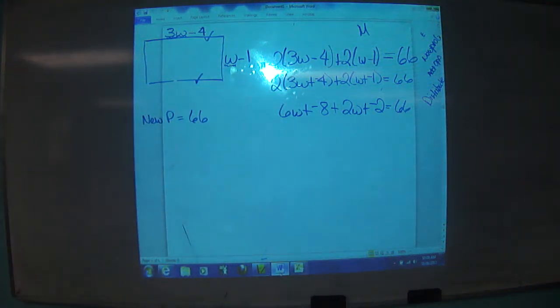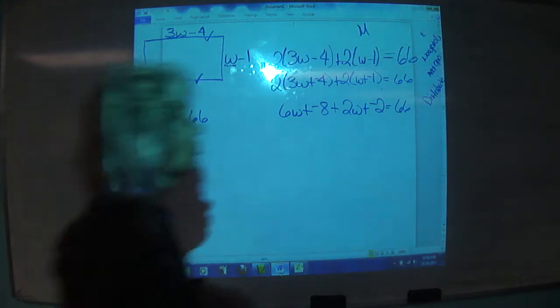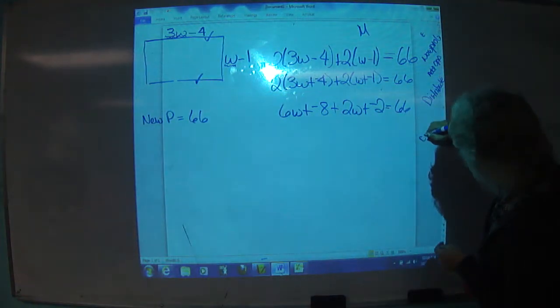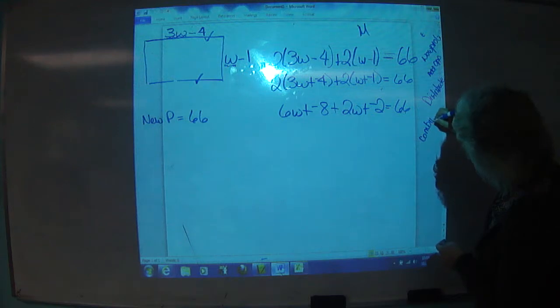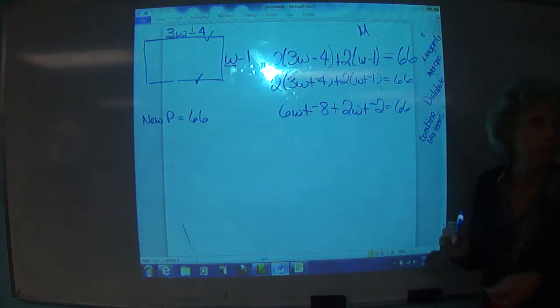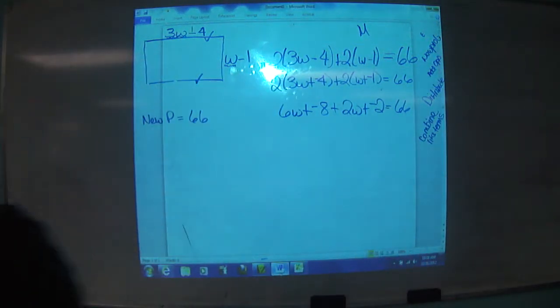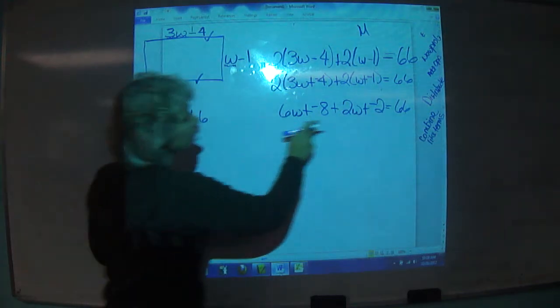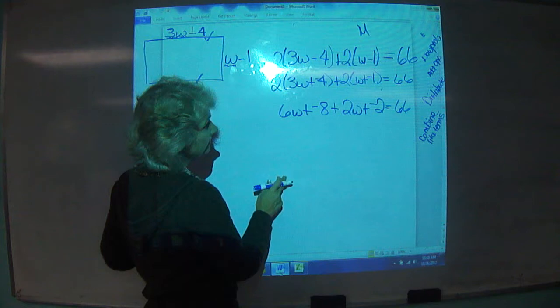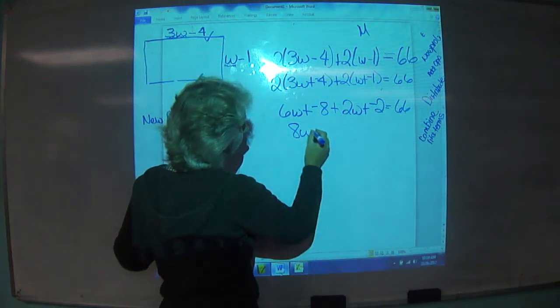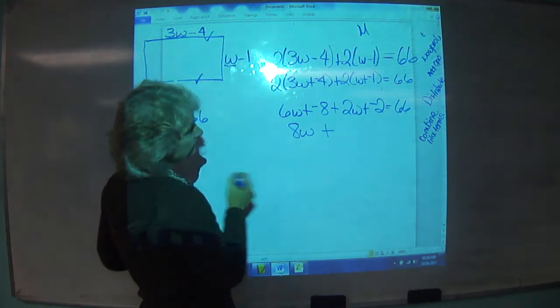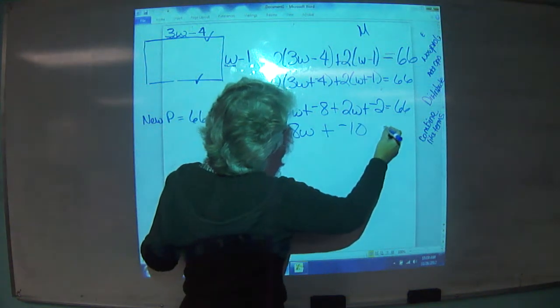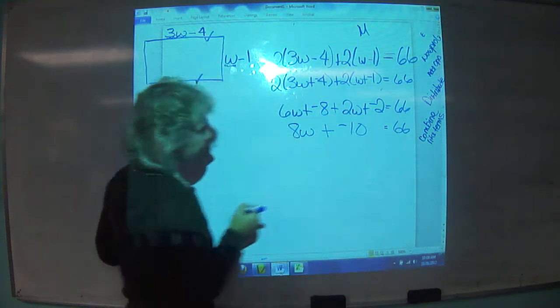What do I do next? Combine like terms. And what are my like terms? 6W and 2W makes 8 W's plus negative 10 equals 66. Good.